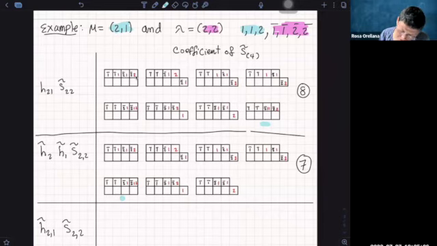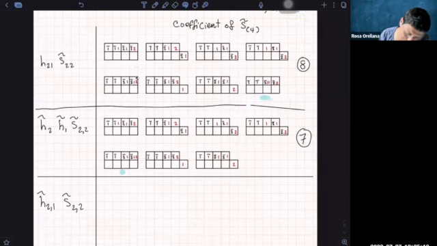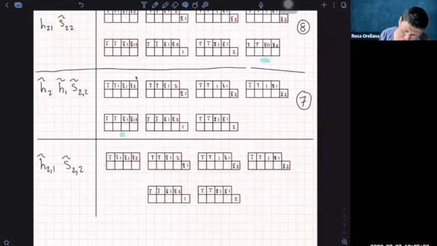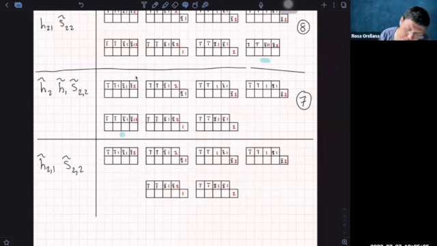I look at all the other tableaus, and they all have those types of entries. So all of these ones satisfy that condition, and the coefficient is 6.